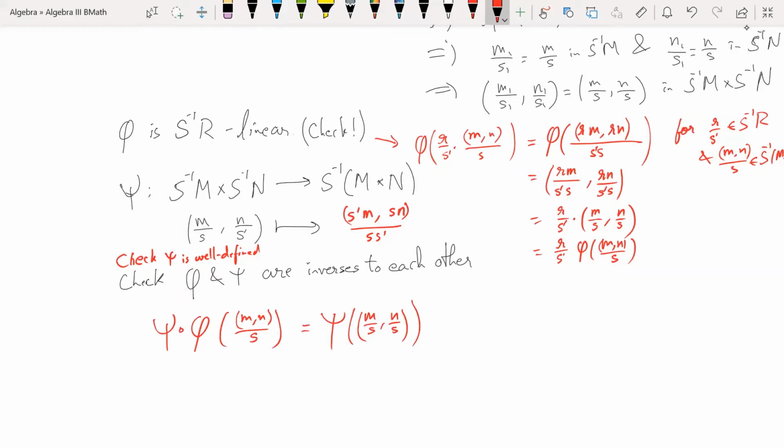The formula for C is that you just multiply the two denominators, so you get s m comma s n over s square.